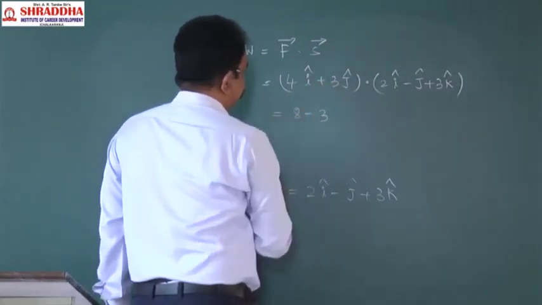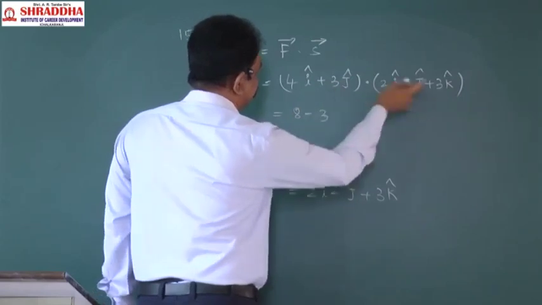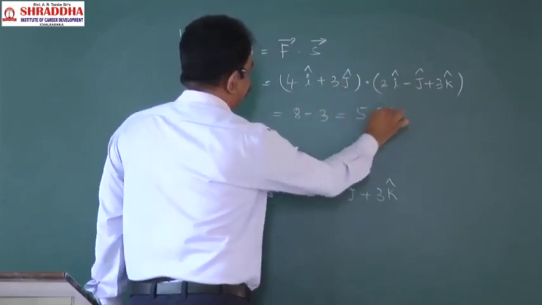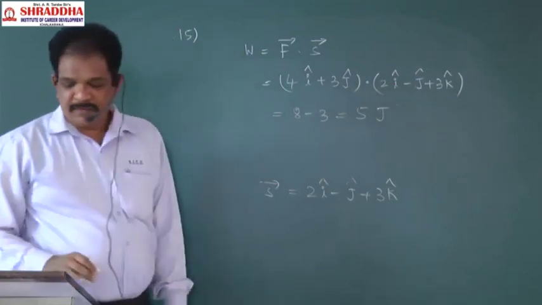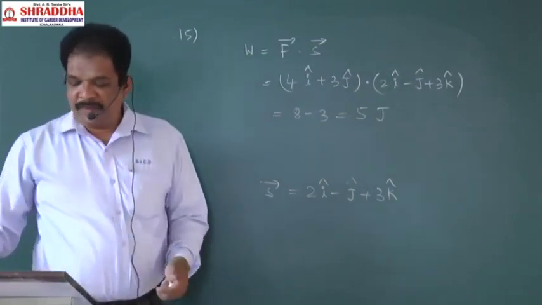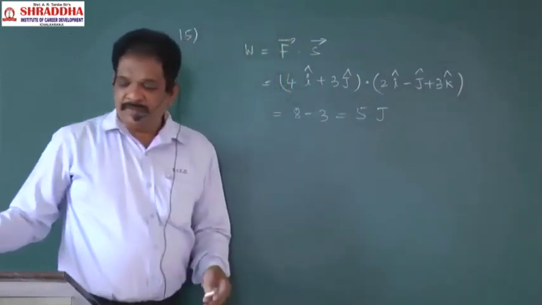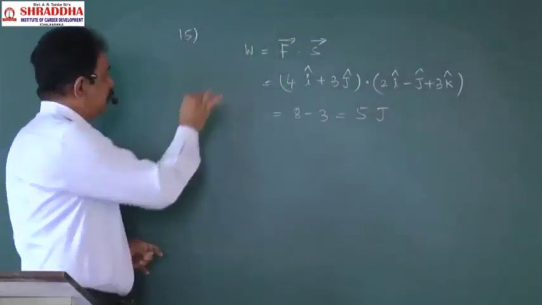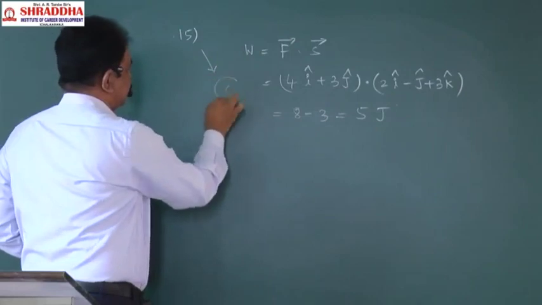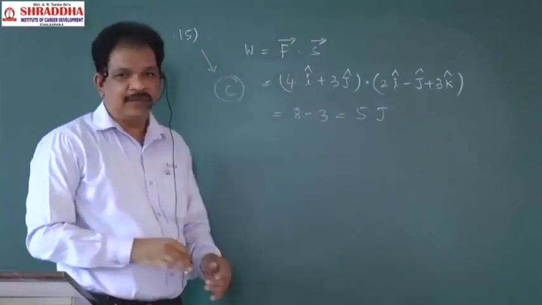This will be minus 3. This one, no k. This will be 5 joules. So 8 minus 3 will be 5. So the option for this will be 15. It will be C.